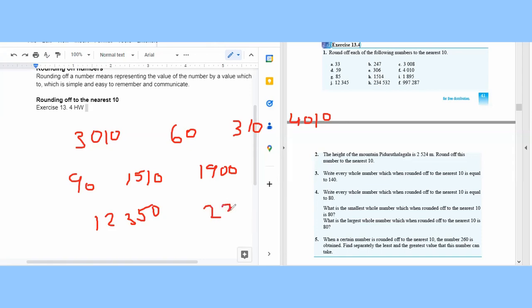So 32 is closer to 30. Therefore, this is 234,530. Then 997,290. So these are the numbers that you get when you round these numbers to the nearest 10.